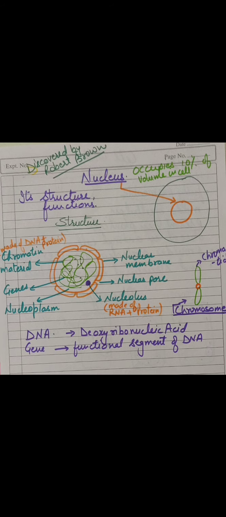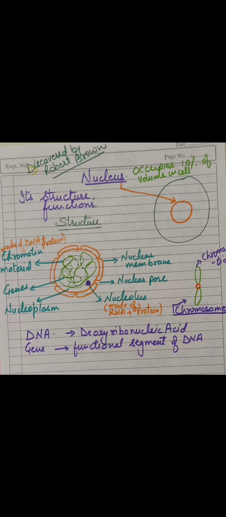But when these threads overlap on each other again and again and condense to give the appearance of a rod, now this is called a chromosome. It means chromatin on condensation is called a chromosome. So in what situation is it called chromatin and in what situation is it called a chromosome? When the cell is just newly formed, it is chromatin.